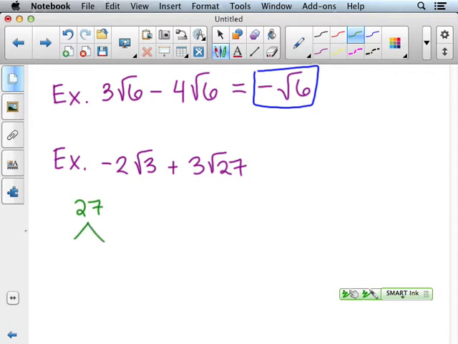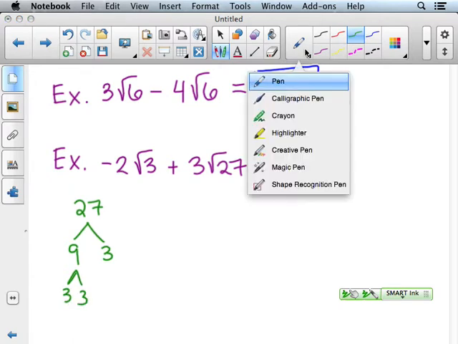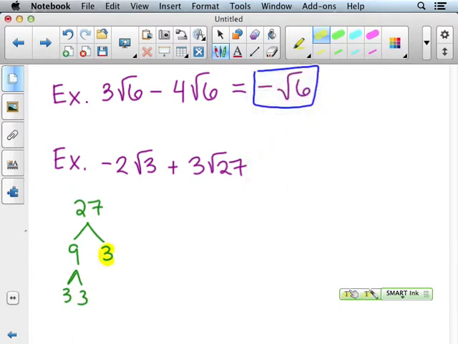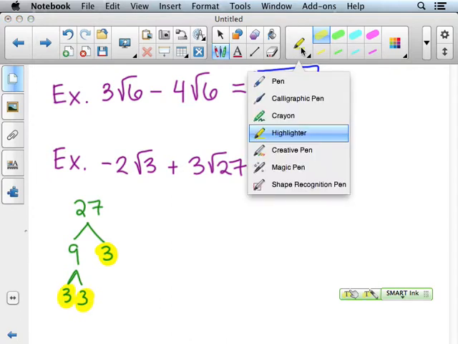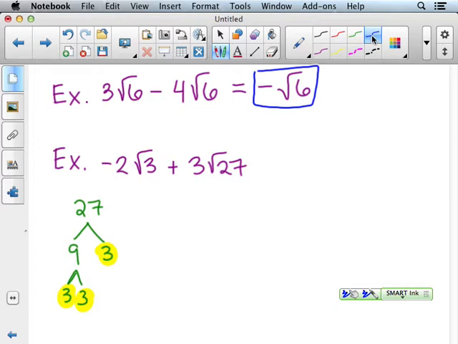27, factor tree, 9 times 3, 3 times 3. Here are my primes. Because it's a square root, I'm looking for pairs. So I'm going to circle this pair. Out comes a 3, and a 3 stays in. Now remember that there's already a 3 here. So this 3 that comes out and this 3 that stays in are going to multiply together.